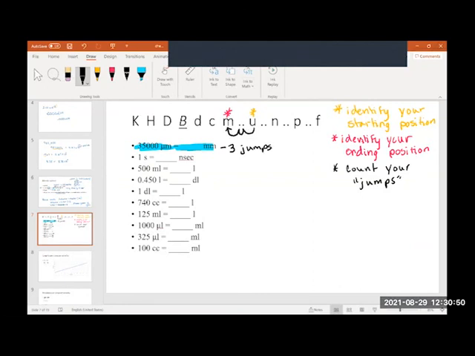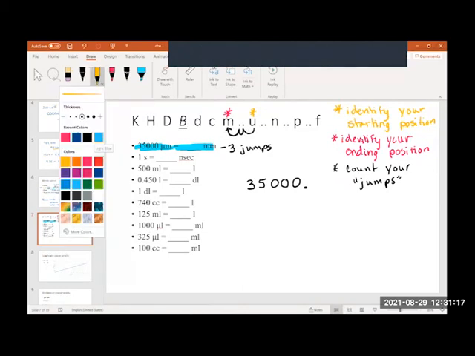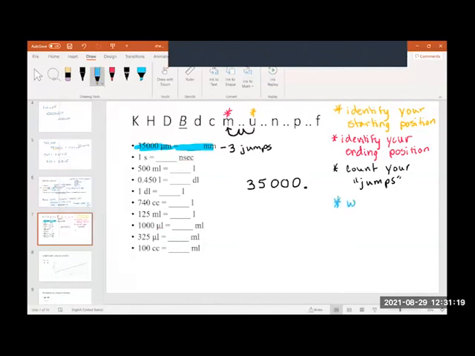Okay, so let's do that. Let's rewrite this. 3, 5, 0, 0, 0. It's not written, but where is the decimal point? It's at the end of this number. So I need to jump 3 positions. Which way do I need to jump? Count your jumps. And our next step is which way did you jump?